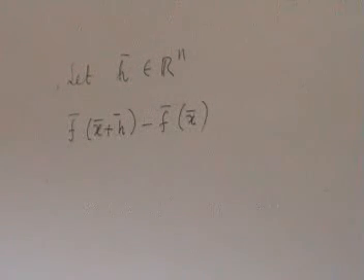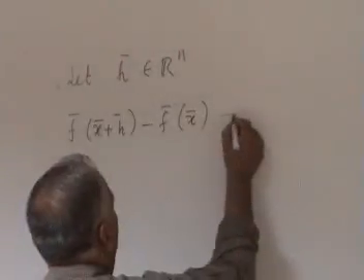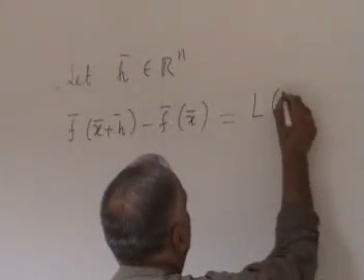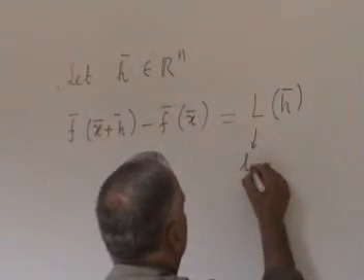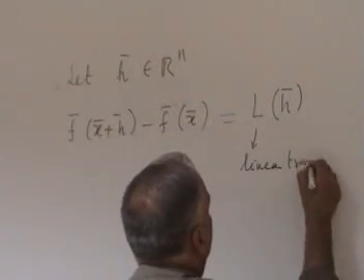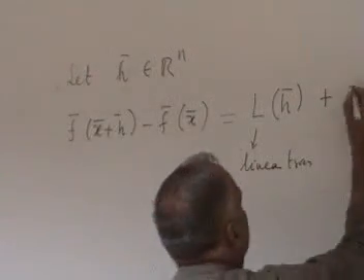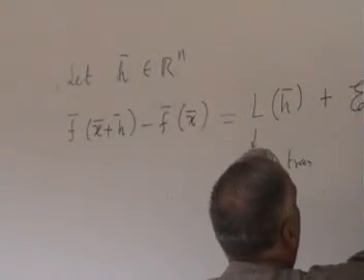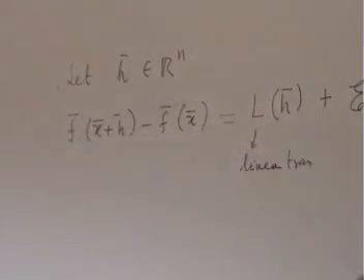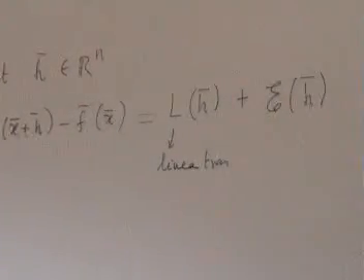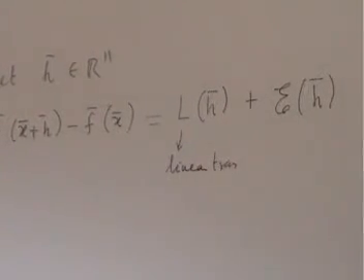I must be able to write that increment as a linear transformation of the increment variable. What are linear transformations? They are matrices. So therefore I must have a matrix, or at least L of h bar, which is a linear transformation, plus something that depends on h bar, which is such that, now I can't divide that vector by this vector.